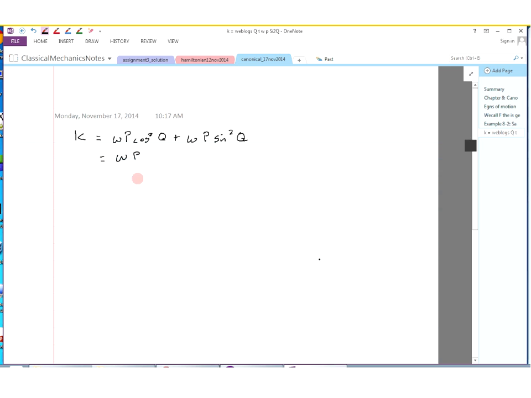Alright, so now the new Hamiltonian in the transformed coordinates is simply omega p. Well, that's exactly what we had promised in the beginning. Capital Q is cyclic.